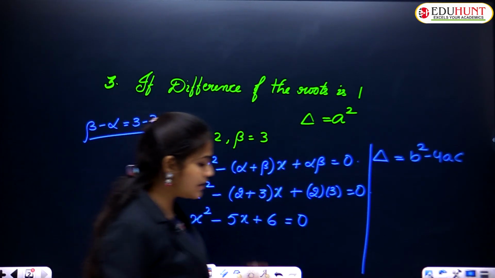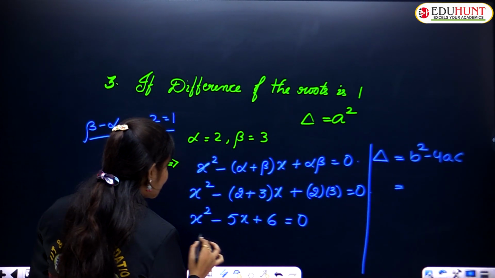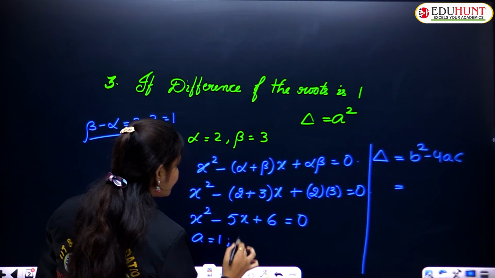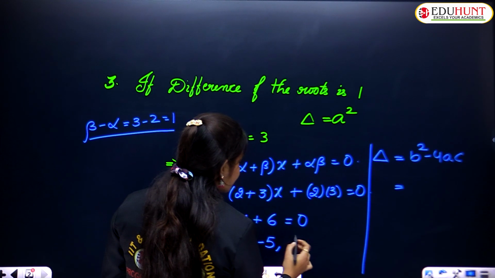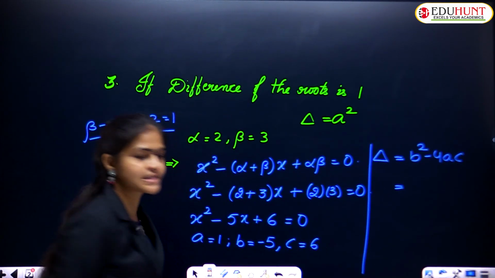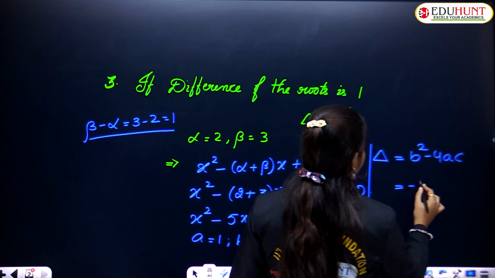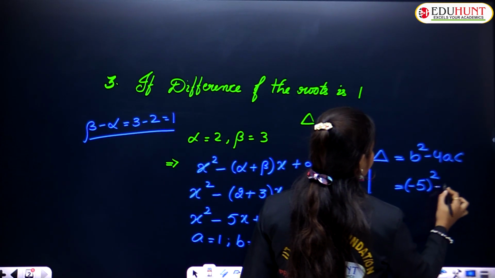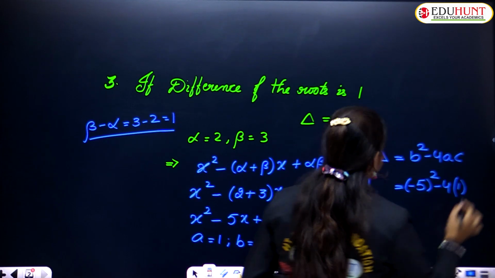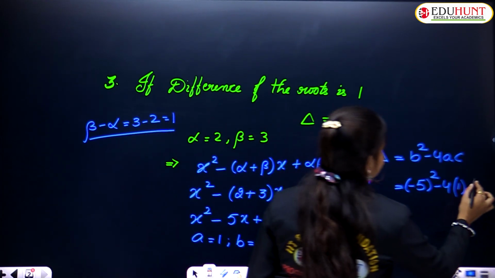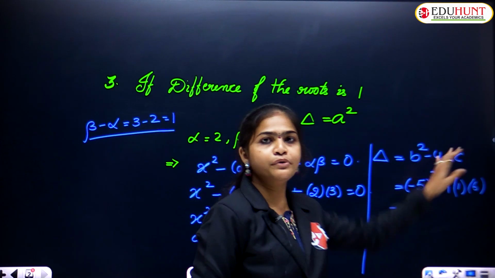First, from this quadratic equation, a is equal to 1, b is equal to minus 5, and c is equal to 6. So the discriminant is minus 5 whole square minus 4 into a, which is 1, into c, which is 6.